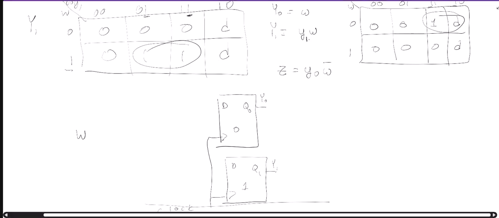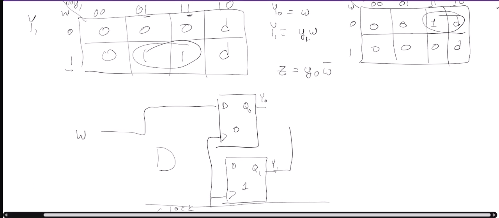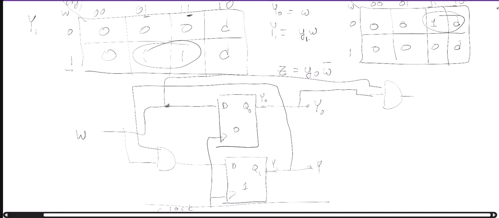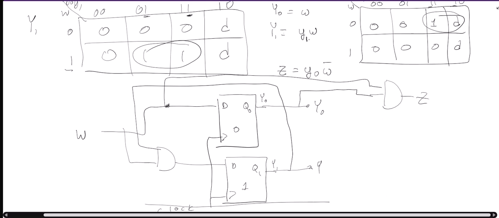Y0 is simply W, and Y1 is Y1 and W. And Z is Y0 W bar. And there's my circuit.